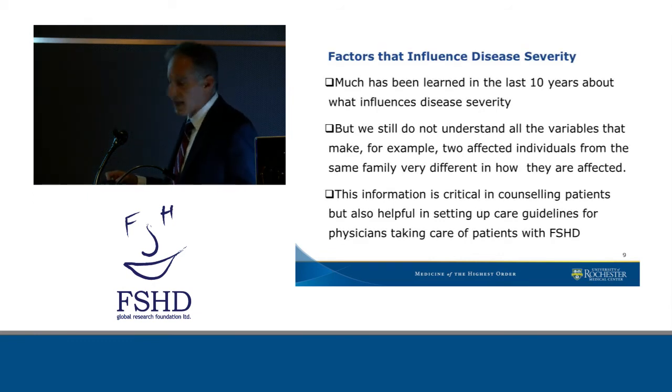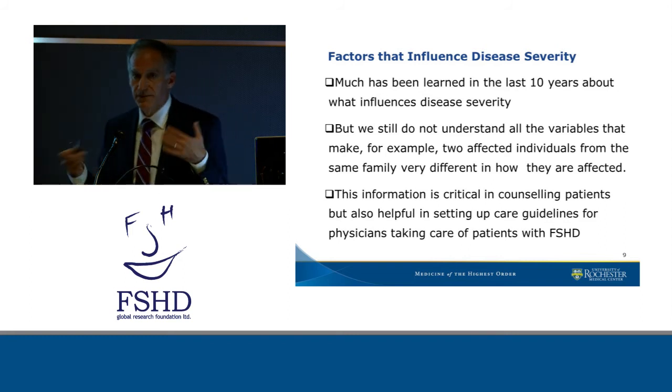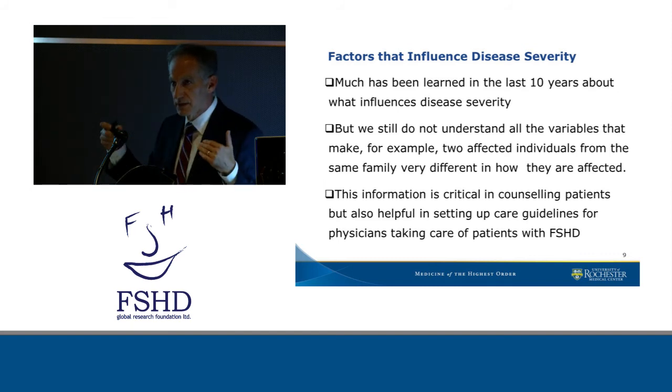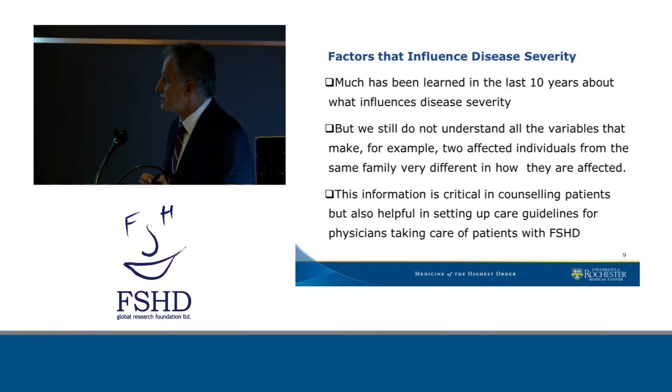And then factors that affect disease severity, and some of that Dr. Tapscott has touched upon. And again, we've learned more about this. We don't understand all of the variables that account for differences within the same family. One explanation is the families where there's an SMCHD1 mutation on top of contraction of the number of repeats, so they have basically a double mutation of FSHD1 and 2.